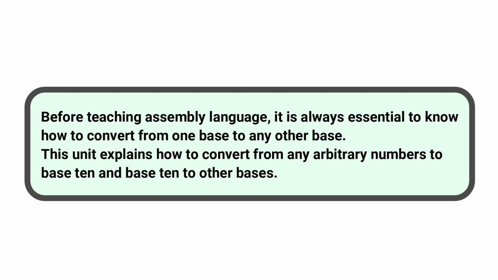Before teaching assembly language, it is always essential to know how to convert from one base to another base. This unit explains how to convert from any arbitrary numbers to base 10 and base 10 to other bases.